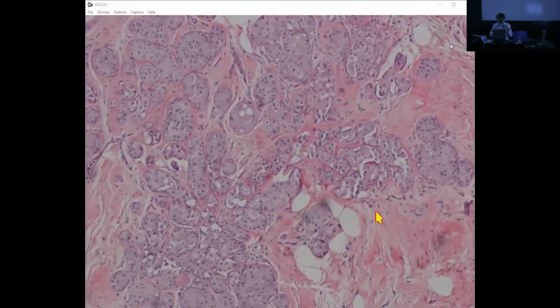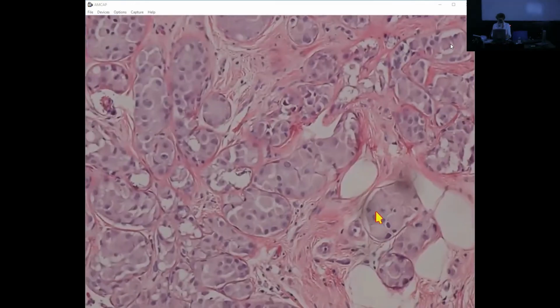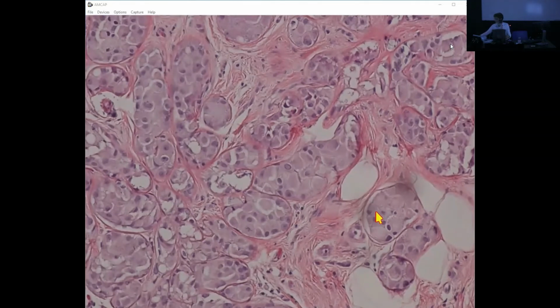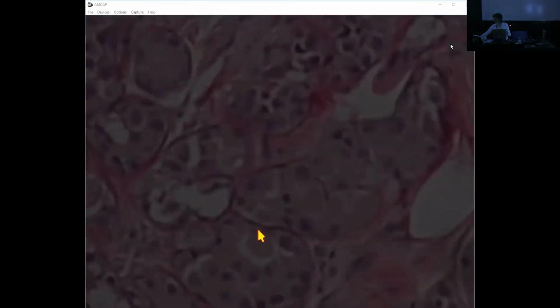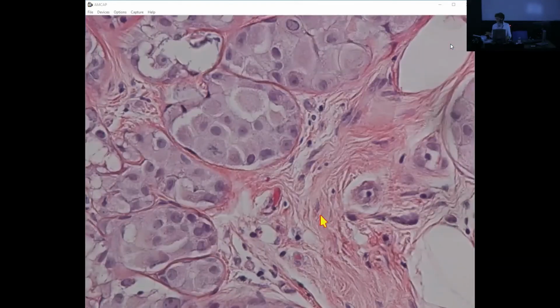So it's not as expanded, but would need to come out as well. And I mentioned before that mitoses are uncommon in classic lobular neoplasia. We do see them in these variants, not infrequently. It's easy to find.